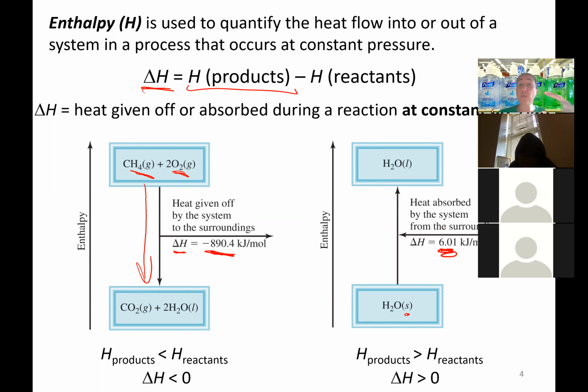And you have to know that when we do it under constant pressure, we change the symbol to H instead of Q. We're going to use Q later on, but when we're finding enthalpy, heat flow under constant pressure, we need to do it with H. I can go into more detail as to why delta H equals Q, but you don't need to know that to do these problems. So that's what you need to know.